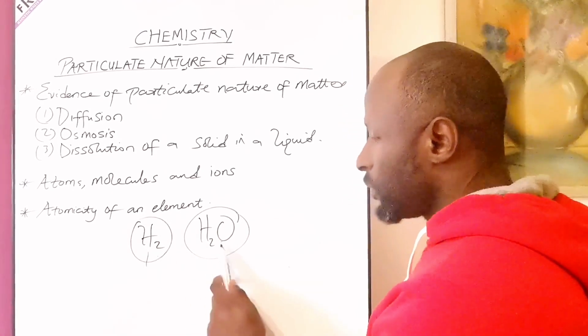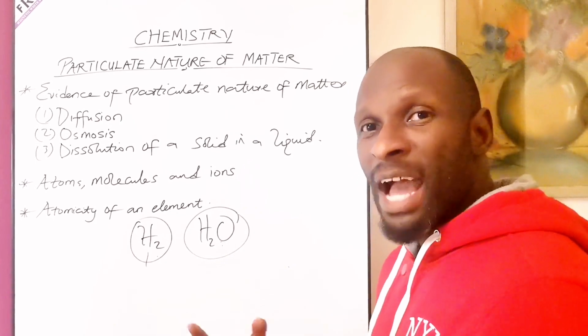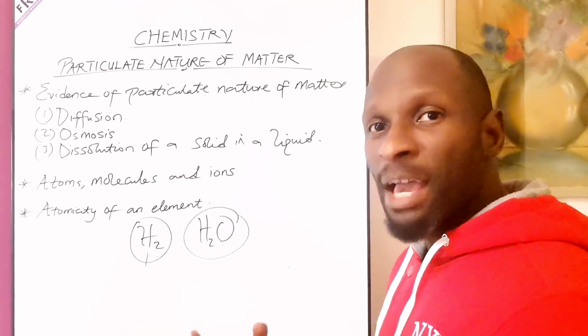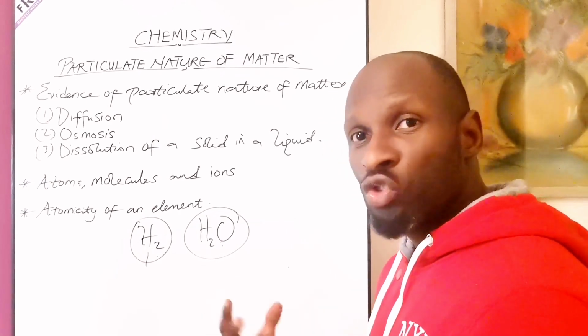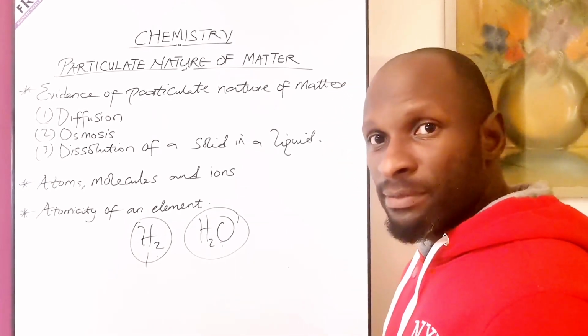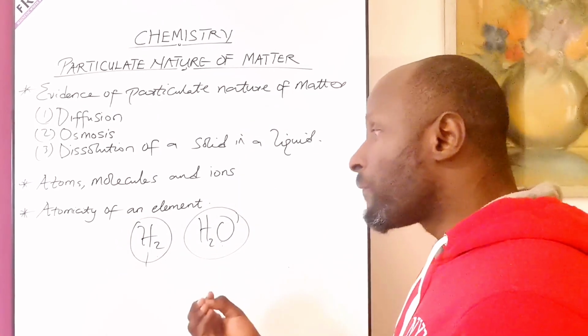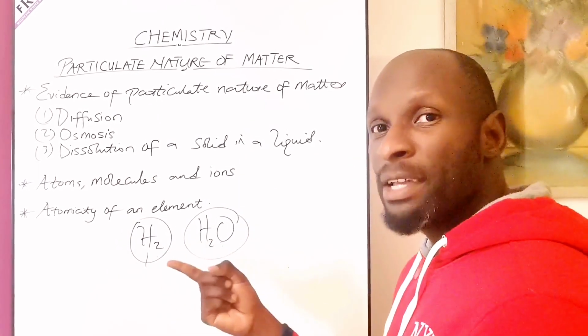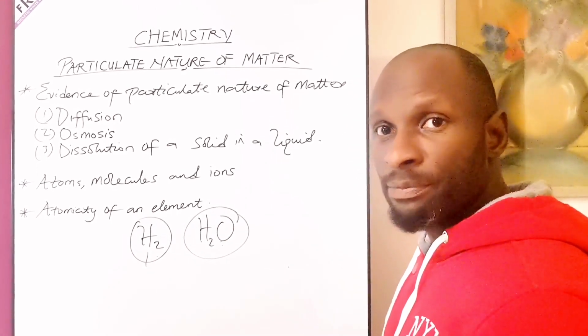This is a molecule, this is also a molecule. So it is a group of atoms that are chemically joined or connected together. And they still retain the properties of that particular element or compound. Is that okay?